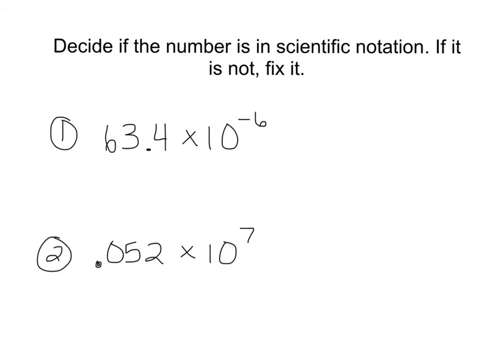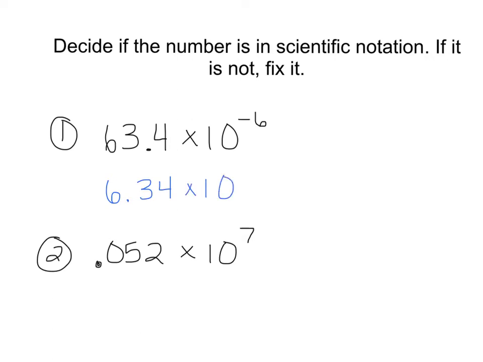Decide if the number is in scientific notation. If it is not, we need to fix it. From first glance, number 1 looks like it's in scientific notation because it's times 10 to the negative 6th power. But if you look at the first number, 63.4 is not between 1 and 10, so we need to change that to 6.34 times 10, and now the exponent will have to change as well.